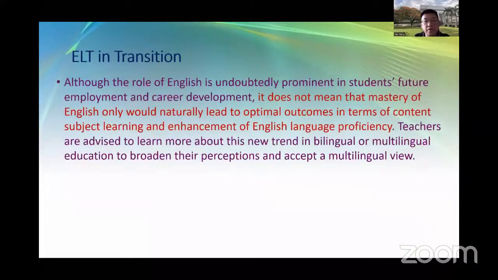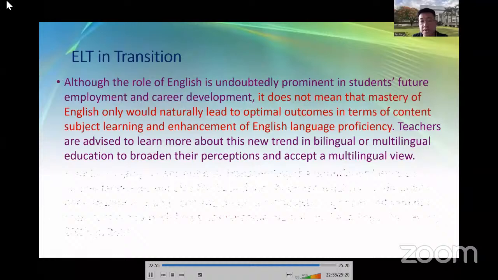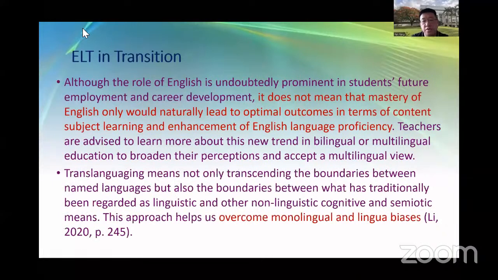So although the role of English is undoubtedly prominent in students' future employment and career development, it does not mean that mastery of English only would naturally lead to optimal outcomes in terms of content subject learning and enhancement of English language proficiency. So language teachers are advised to learn more about the new trend in bilingual and multilingual education to broaden students' perceptions and accept a multilingual view, both students and teachers.